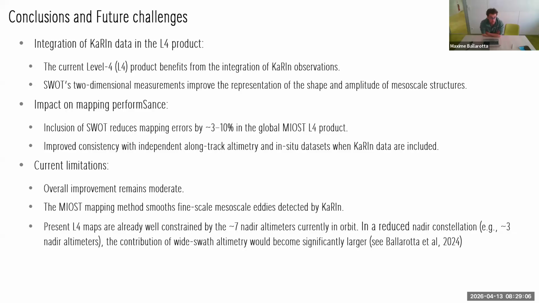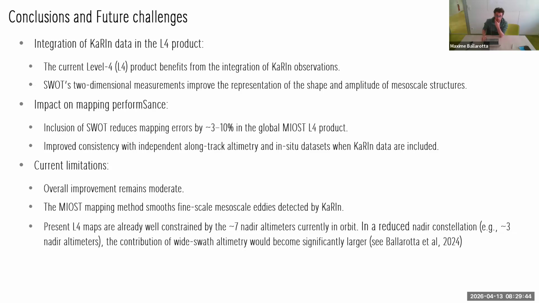So depending on the density of the nadir constellation, the contribution of Karin may be quite different. Here, the experiment that we performed is a realistic one, with the whole nadir altimeter constellation already quite well constraining the scales of the MIOST mapping system. So adding Karin can be seen as moderate in this 7 or 8 nadir altimeter constellation.